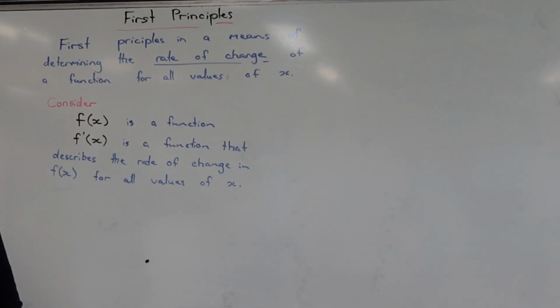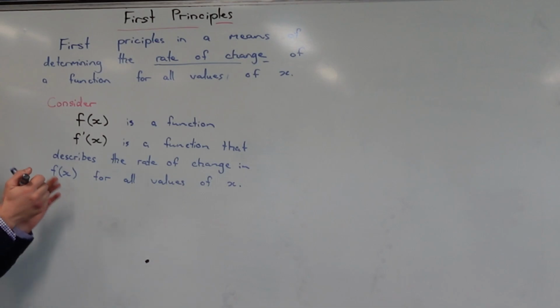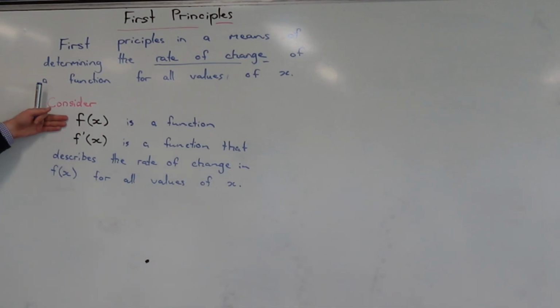Using limits that we learned last lesson, we're going to make it such that we can evaluate what this is going to be. So consider f of x is just any function that we're interested in. f dash of x, or f prime of x, is going to be the function that describes how f of x is changing for any value of x.